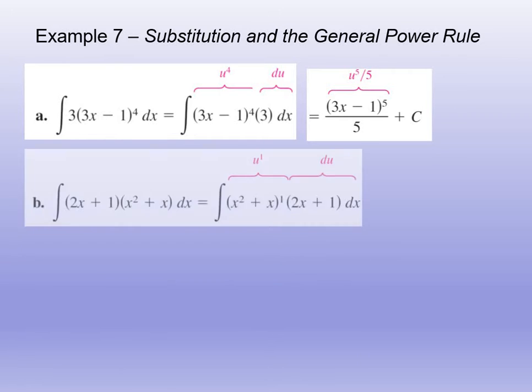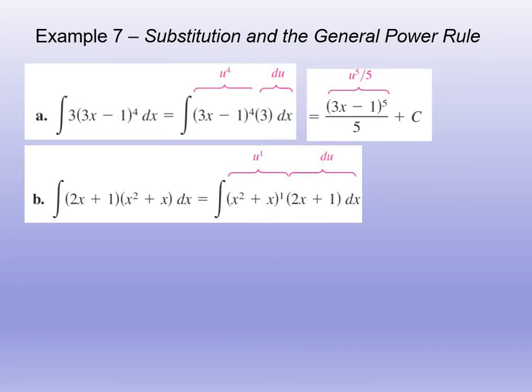All right, let's do another example here. If we have two functions multiplied by each other, this is a little bit of pattern recognition, but let u be the more complicated one. u needs to be the more complicated one. The more complicated one is the x squared plus x. So x squared plus x will be our u, and if we take the derivative of x squared plus x, we get 2x plus 1, which is the other piece of our integrand. That's our du. Our du is 2x plus 1 dx.